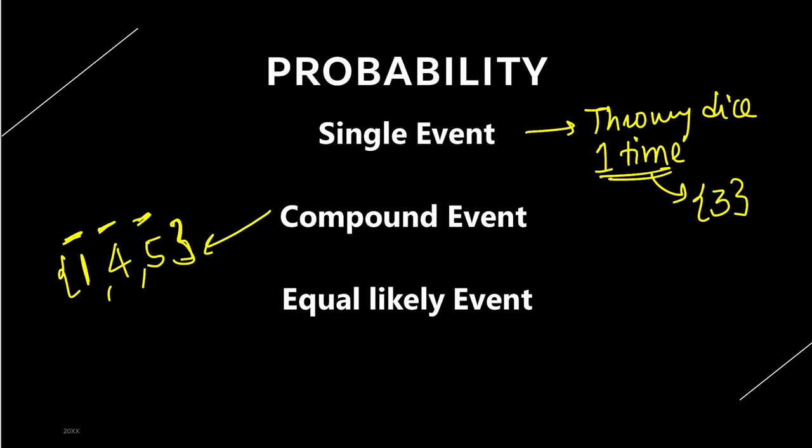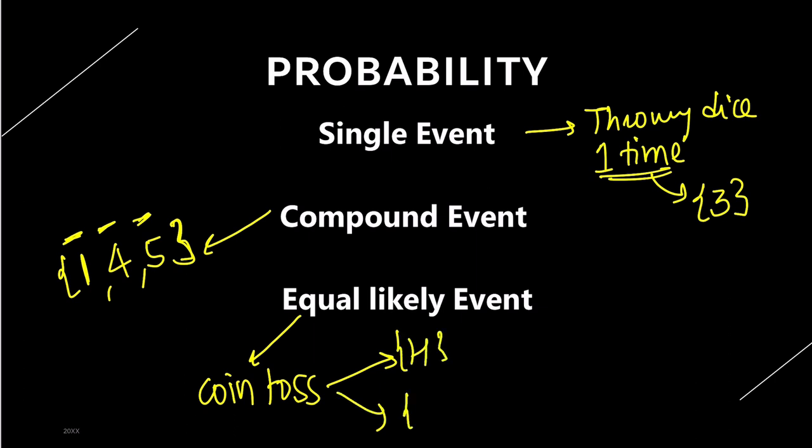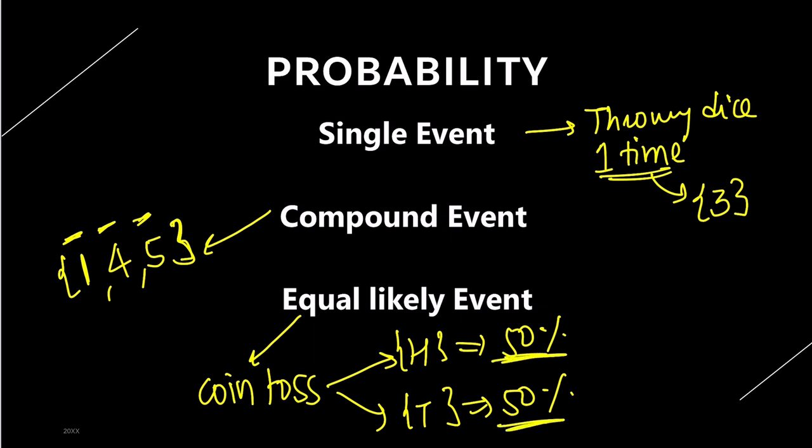Now, equally likely events. Equally likely means, suppose we are doing a coin toss. Head and tail are two events. What is the probability of this happening? 50%. What is the probability of that happening? 50%. Now tell me, are they equally likely to happen? Yes. Equally likely means both have the same probability.